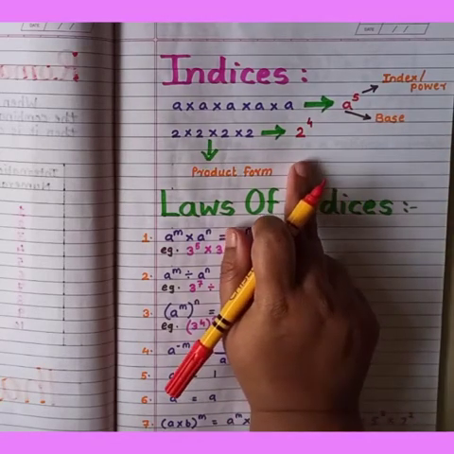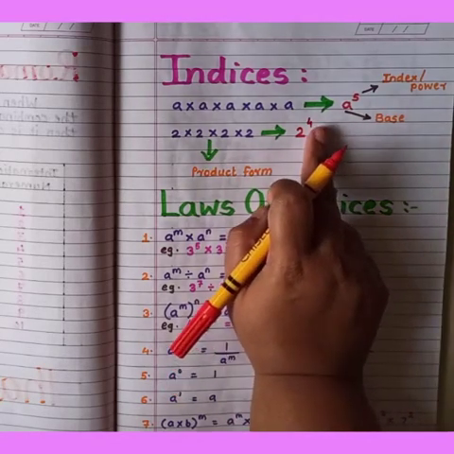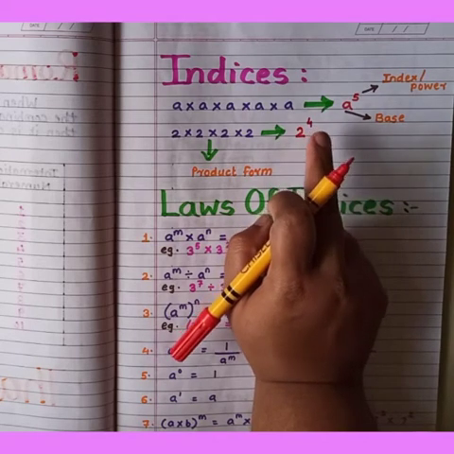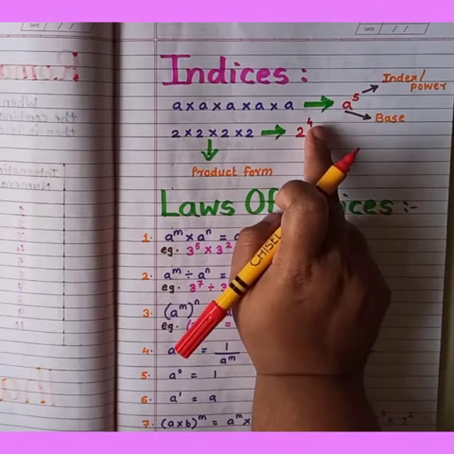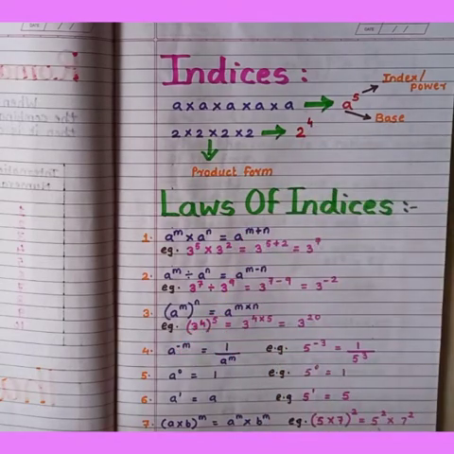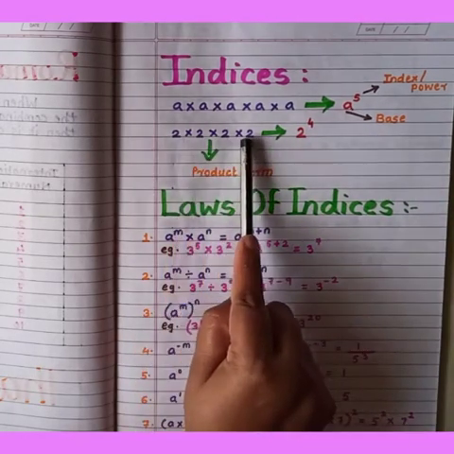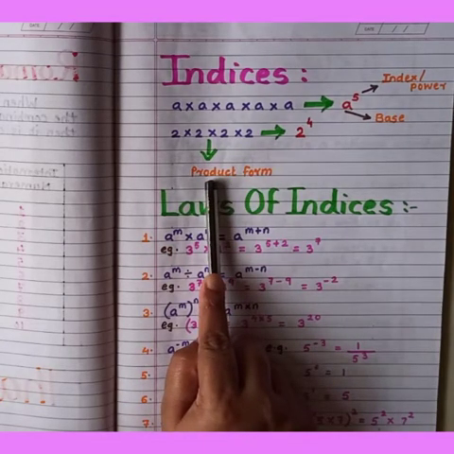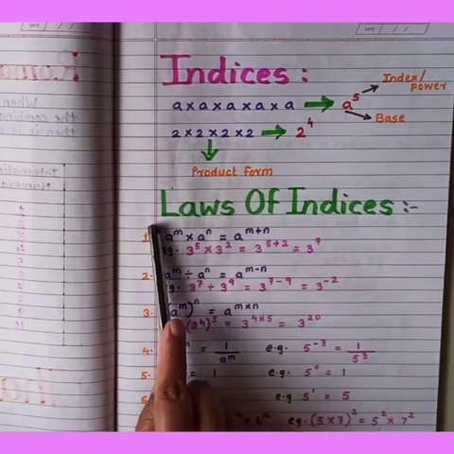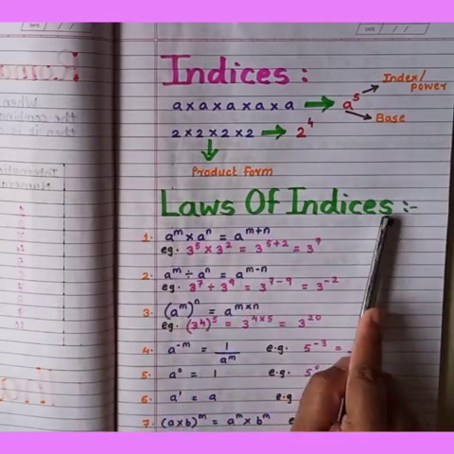Here 2 is the base and 4 is the index. And this multiplication form is called product form.